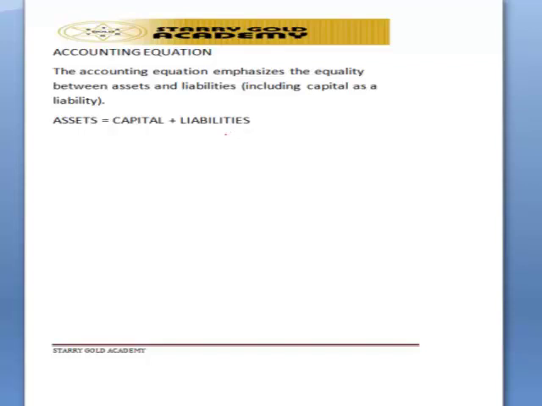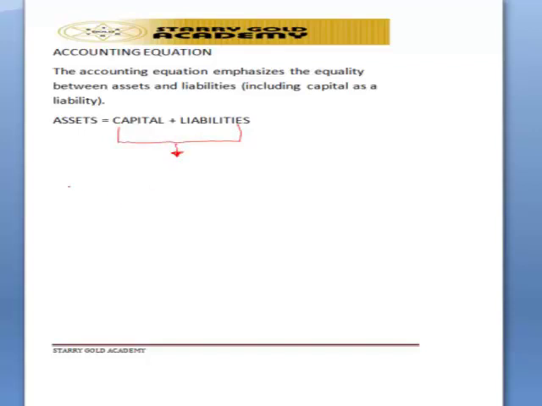So the accounting equation emphasizes the equality between the assets and liabilities of an organization, and when we talk about liability, all of these are referred to as liabilities, because in the actual sense, capital is also a liability.